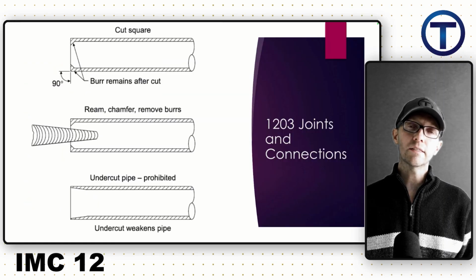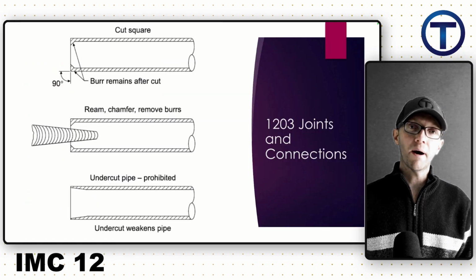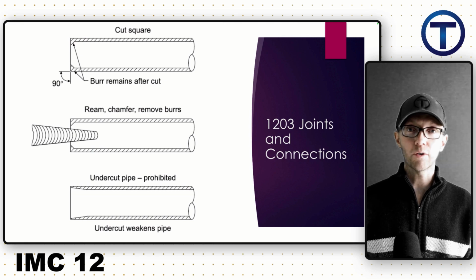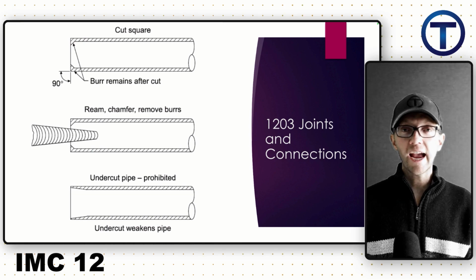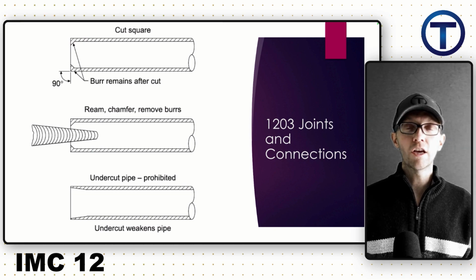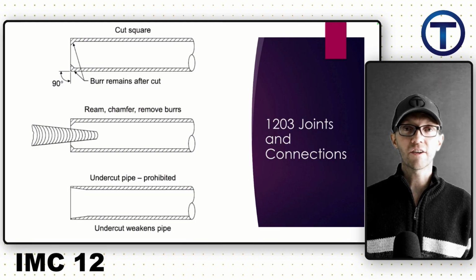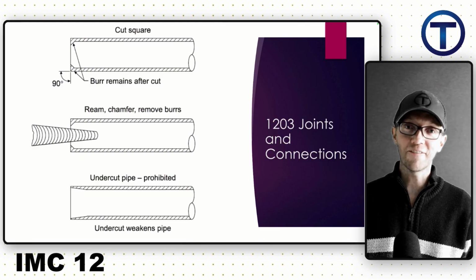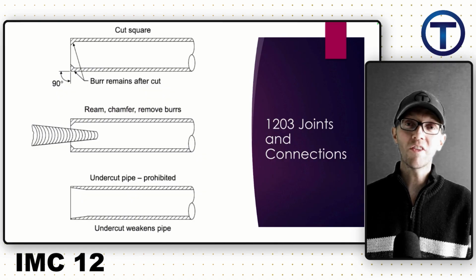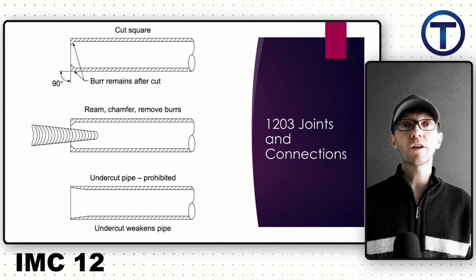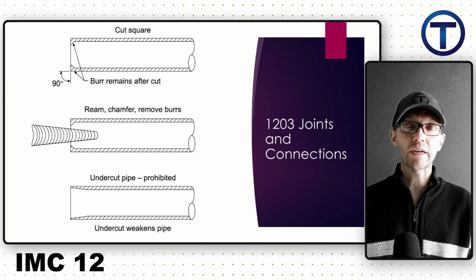When we say it needs to be cut square, that means the pipe should be cut at a 90-degree angle. If you're cutting with a hacksaw or a sawzall, you might struggle a little to get a perfect 90-degree angle. Find another cutter. There are plenty of different pipe cutters out there. The ones you should be using should cut a straight 90-degree cut.